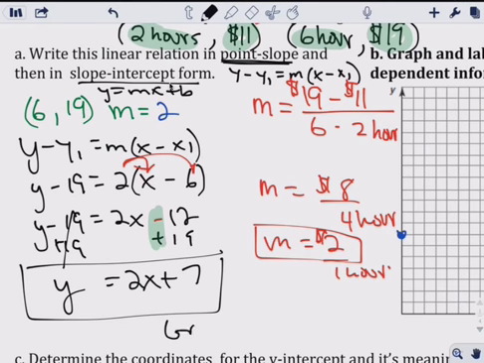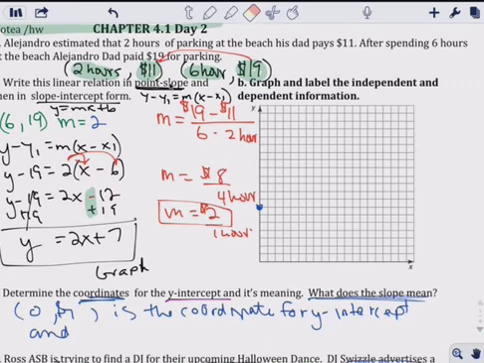And then you need to graph this. I'm going to erase this a little bit because I need to write what these mean. It's important to write what it means. The independent variable, the x, is hours, as you see up here.